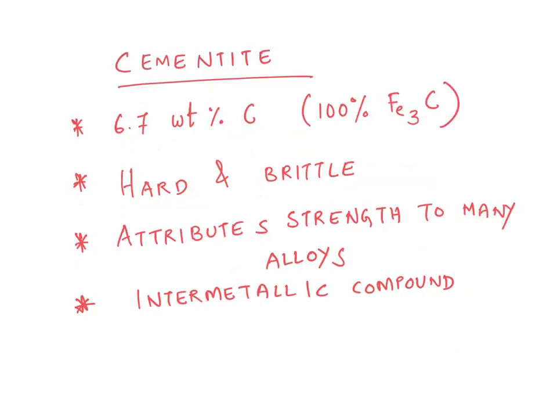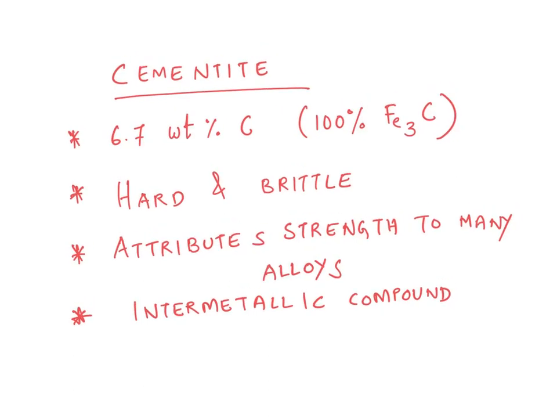Now moving to the last and final phase, but it's not the least, it's very important. We talked about cementite, which occurs on the right extreme of your phase diagram. The composition is 6.7 weight percentage carbon, which can also be thought of as 100 percentage iron carbide.